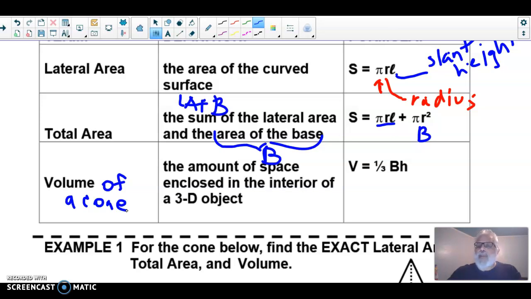So right here we have it 1/3. Capital B is the area of the base, which we have here, and 1/3 goes in front of that. Or you could also see it like this. Those are the same thing. And those are the three formulas that we'll be using for cones.